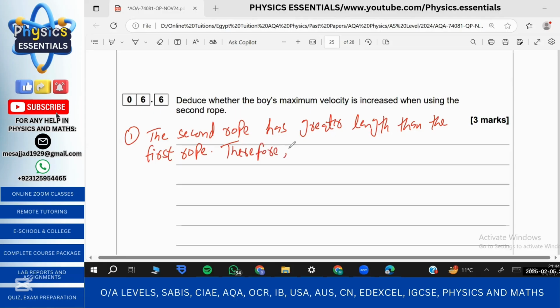Therefore, the boy will not stretch the rope at first, he will be freely falling for a greater distance and greater time.